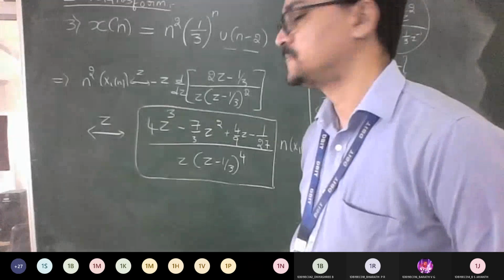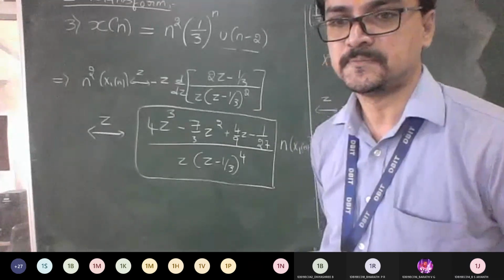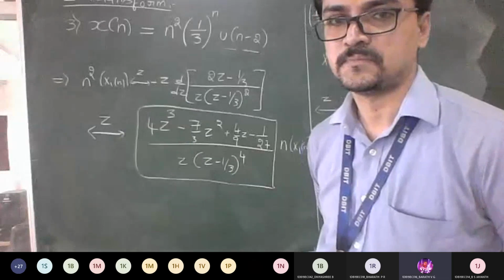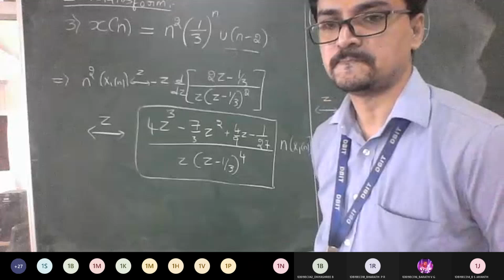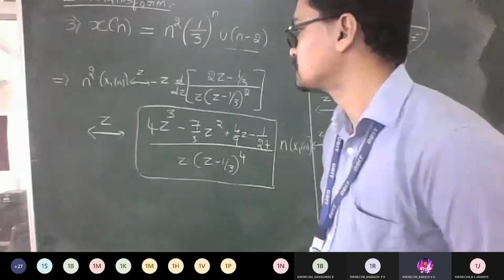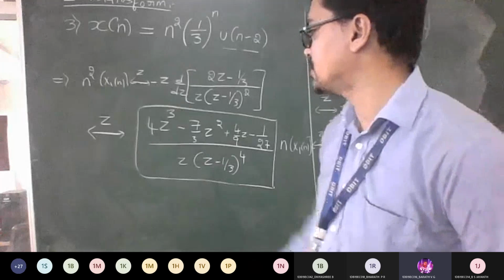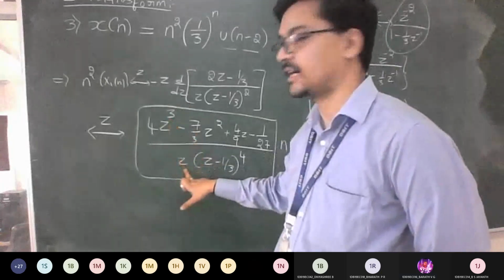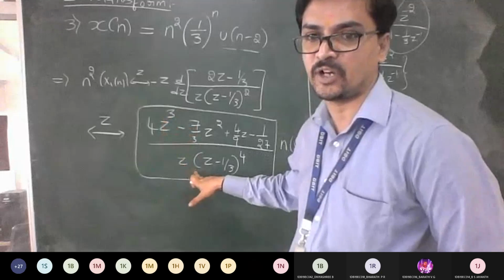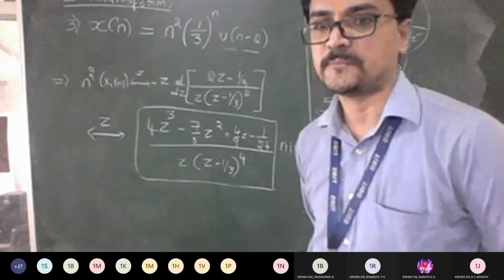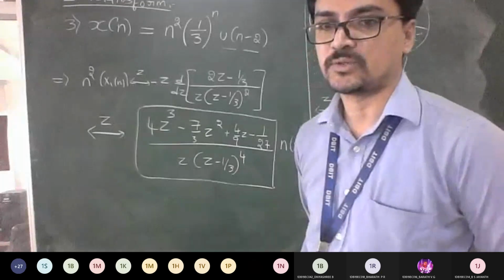Is it matching, Jan? Yes, sir. Okay. Bharat? I got a different answer, sir. What is the answer you got here? 4z power 4 minus 13 by 9z cube. You just check out. See, actually here z power 4 will come, and here z square is there. I eliminated 1, that's why I got z in the numerator. Is it okay? Just verify once more and check out.